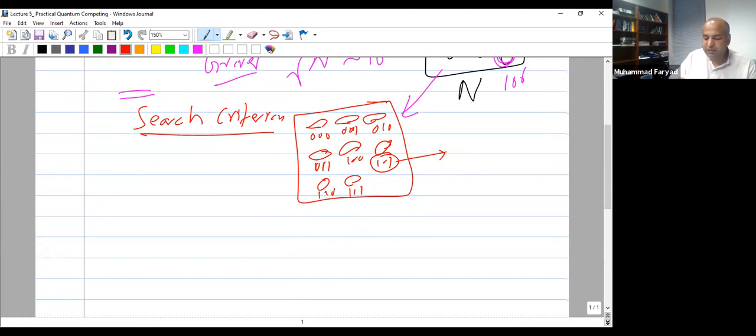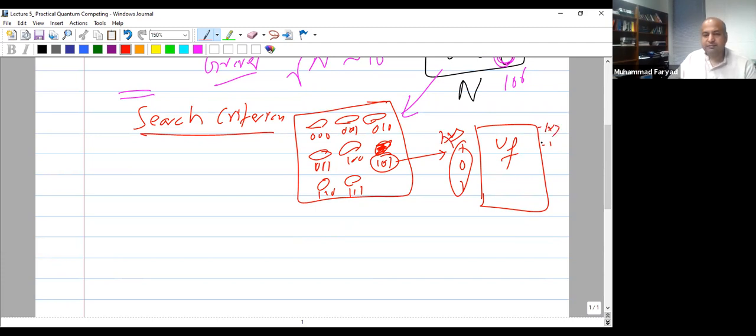If we construct some black box, and let's say we call it a phase oracle, and it implements a function such that if the number is our solution, let's say this 101 is the book that we are looking for, then it will multiply it with a minus sign. So whatever this number is, let's say this is some x, this goes to minus x. And if the number that we are looking for is not a solution, it will simply go out at the output as it is.